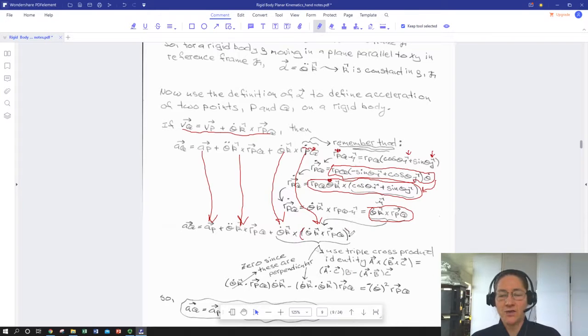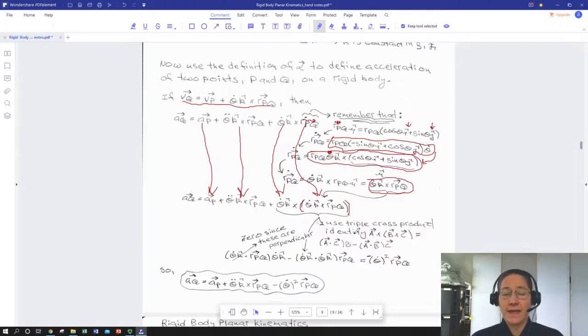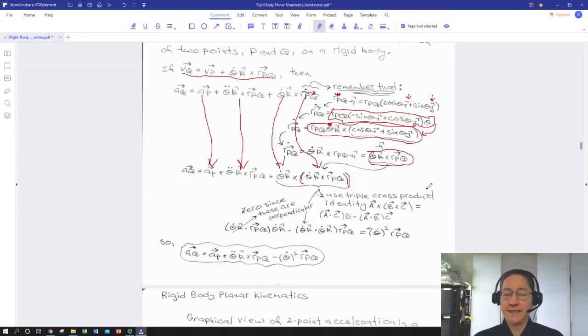So now we have that triple cross product. We've seen this before, and we can use an identity, another product of the cross product and dot product, to rewrite this in terms of the difference in some dot products.